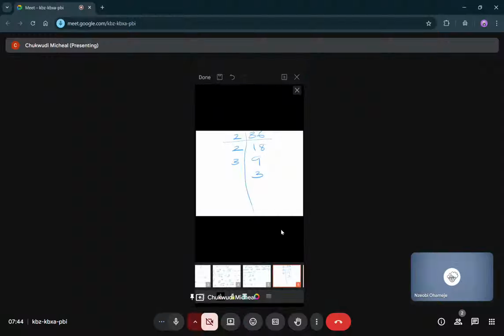That's why I use 3. So 9 divided by 3, we get 3. And of course, 3 can divide itself. So I put 3 again. 3 divided by 3 is what? 1. Is that not true?